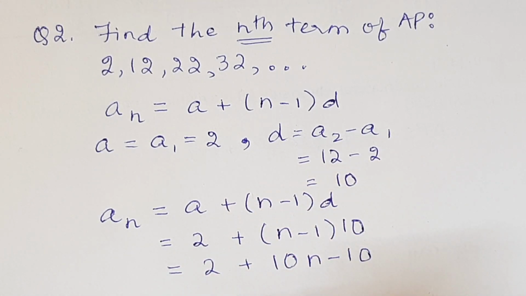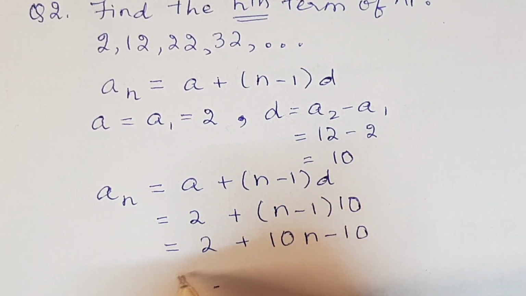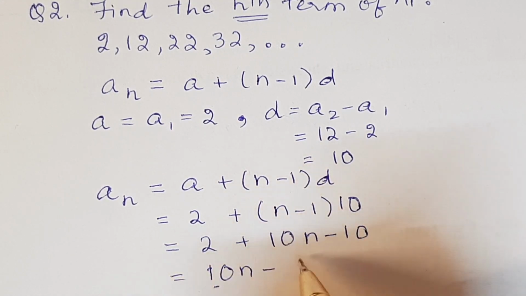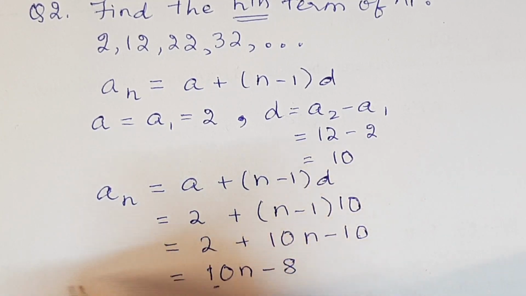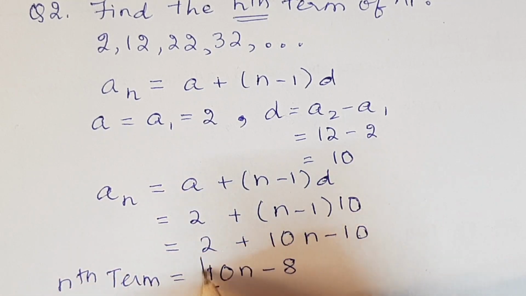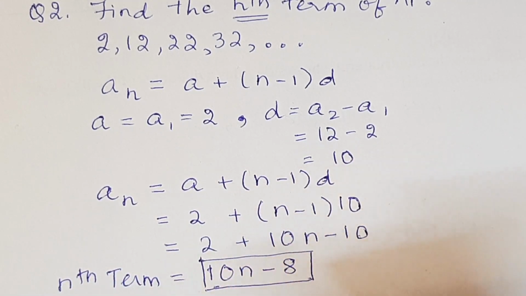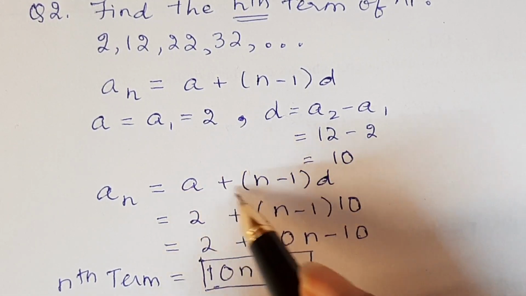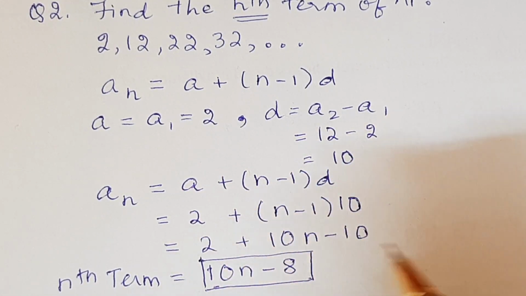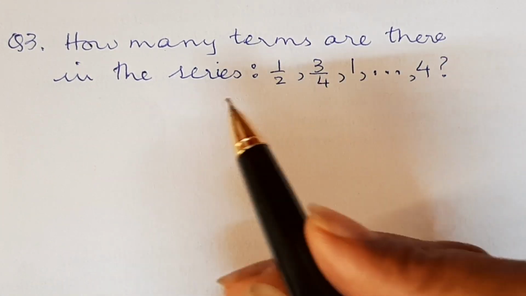And so that gives us 10n minus 8, and so our nth term is going to be given with the formula 10n minus 8, which we have simplified from this general formula, and that is our answer.